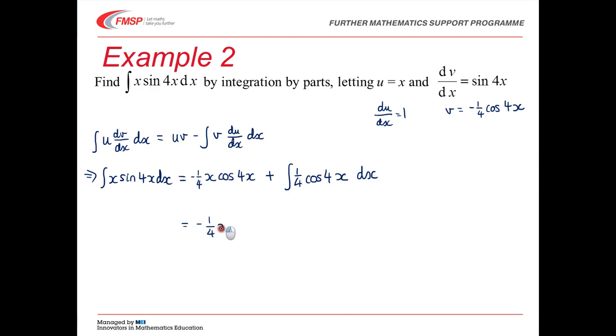So minus 1/4 x cos 4x, and integrating 1/4 cos 4x is 1/16 sine 4x plus constant.